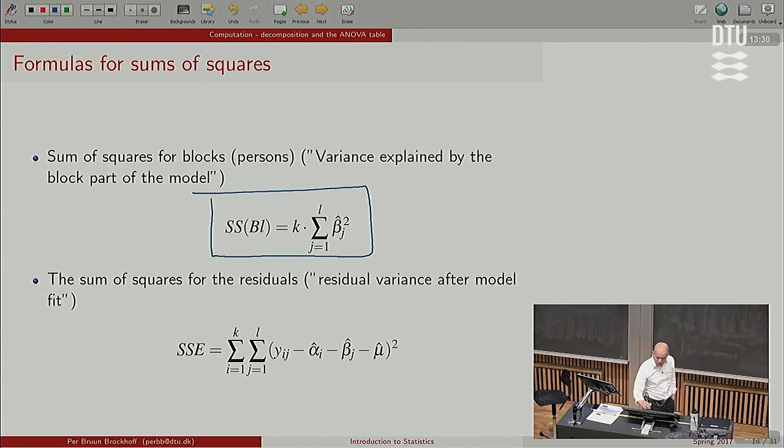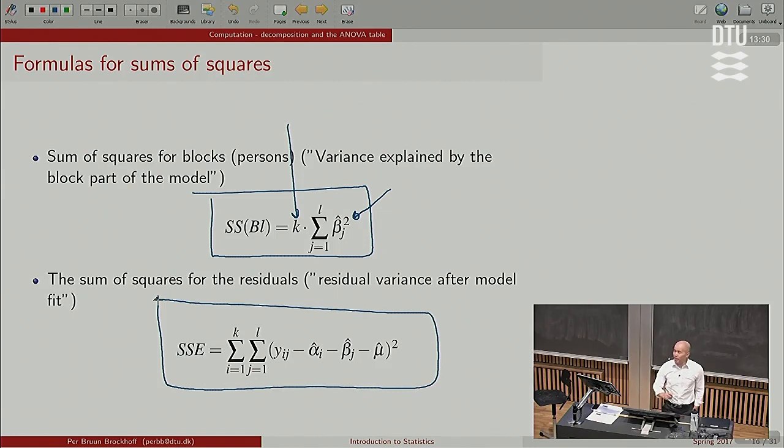I take all the block deviations, I square them, I add them up, and I multiply by the number of treatment levels. And then the residual sum of squares, the rest, could be expressed exactly like the residuals of a linear regression model: it takes the raw data and subtracts the predicted, the fitted, the estimated values of the model. That's the residual variability.